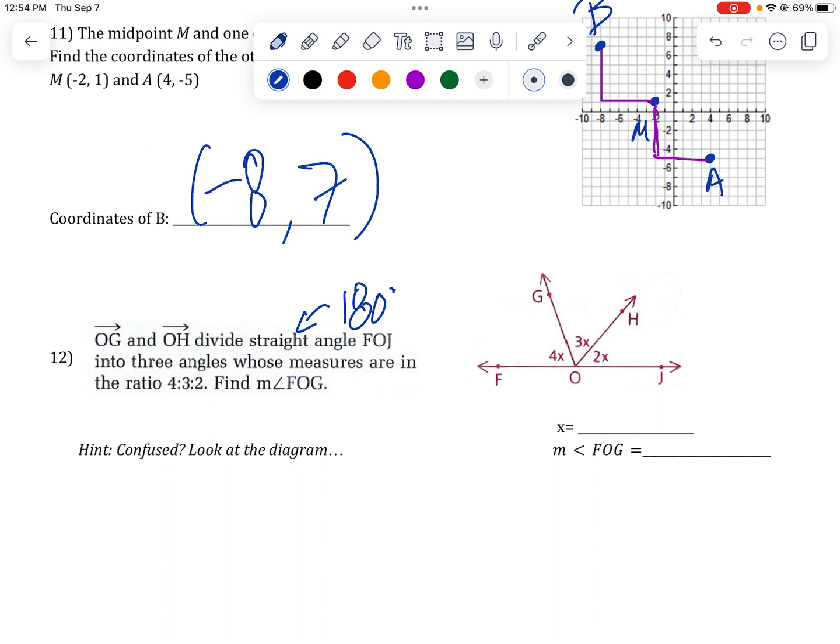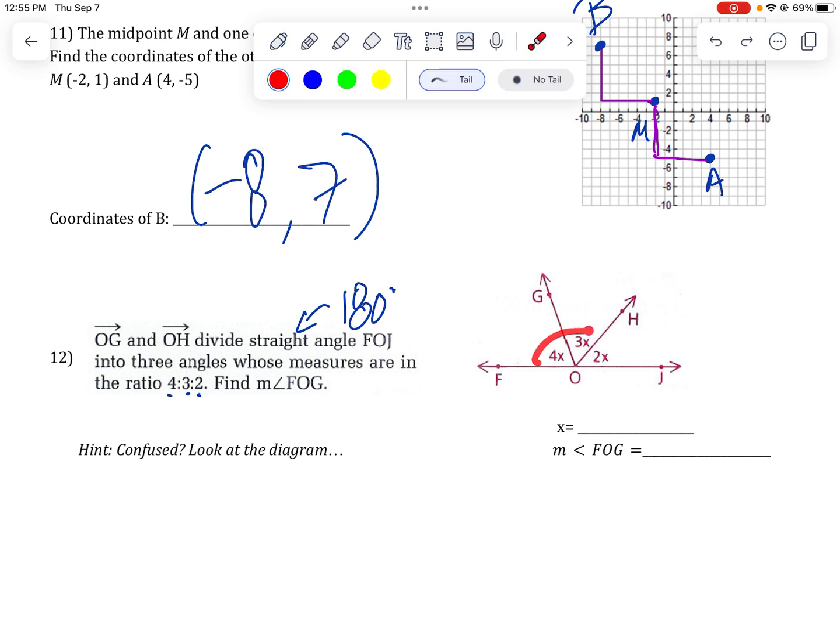When I see a ratio in a problem, I just slap an X on those numbers. So that becomes 4x, 3x, and 2x, just as you see it here on the picture. So one angle is 4x, one angle is 3x, and the other angle is 2x. Well, all 3 of these angles together will give us 180 degrees, right?